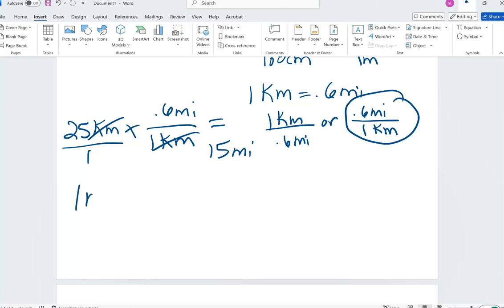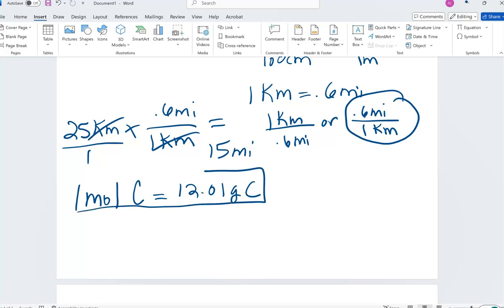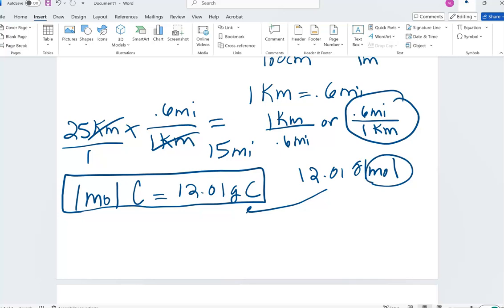So if I had 1 mole of carbon, its mass in grams would be 12.01 grams of carbon. This whole equality represents the molar mass. I could write it a different way: the molar mass of carbon is 12.01 grams per mole. All I did here was separate this: 1 mole is equal to this mass in grams.